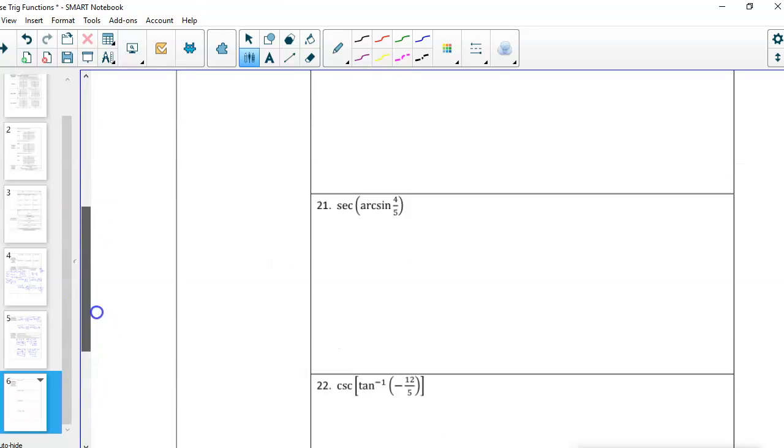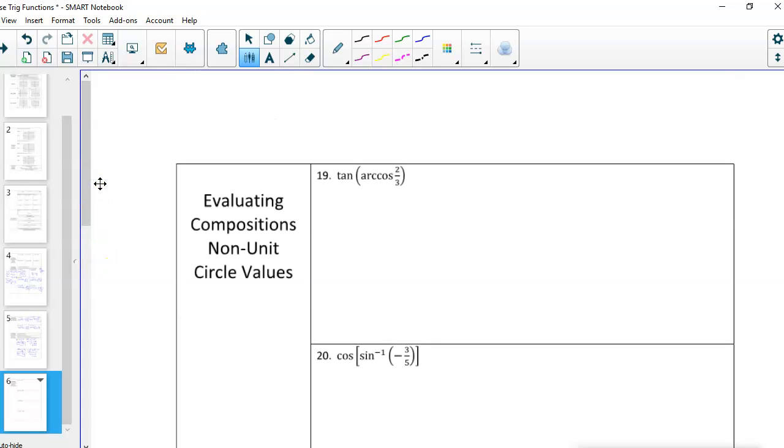You want to do one more together? Okay, let's do 19. Cosine is positive, so this is going to be in the first, and this tangent is also going to be in the first. This is x over r. We need y over x, so we need to find y. We have 2 squared plus y squared equals 3 squared. 4 plus y squared equals 9.